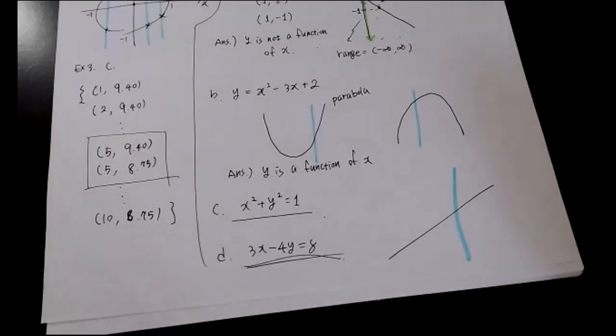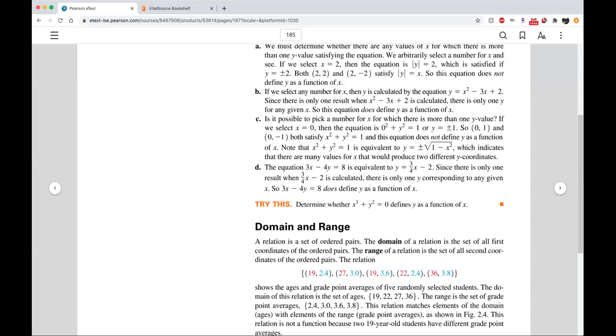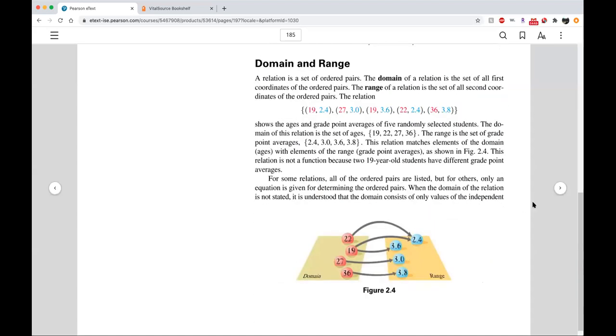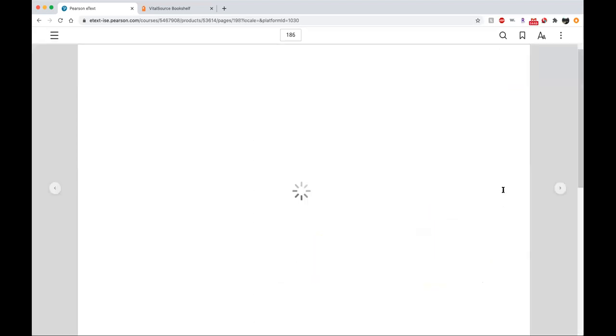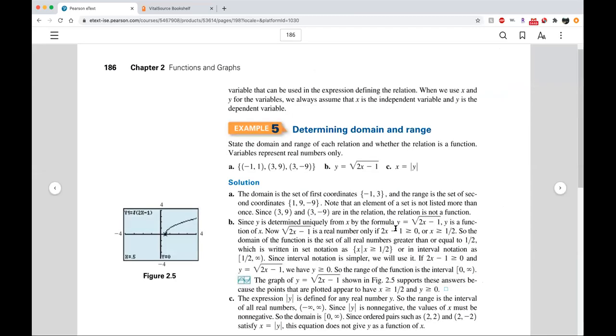Let's see. Yep. All right, so example 5. State the domain and range of each relation and whether the relation is a function. Okay, and the variables represent real numbers only.